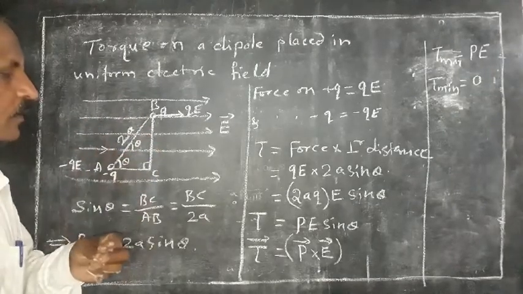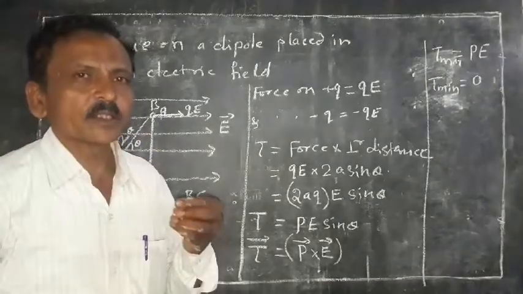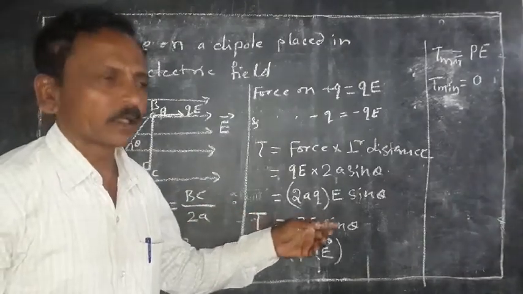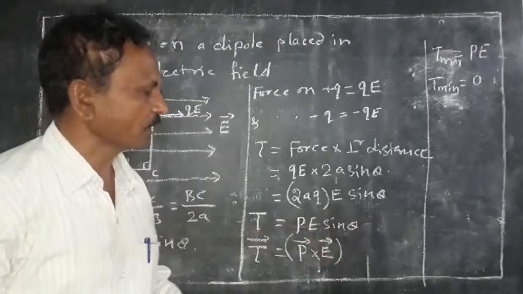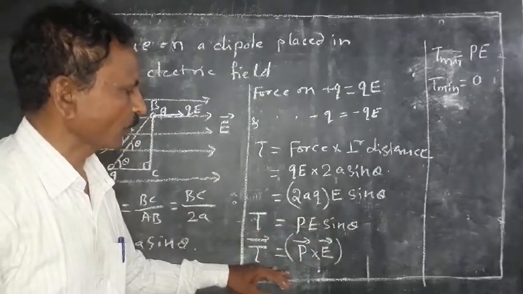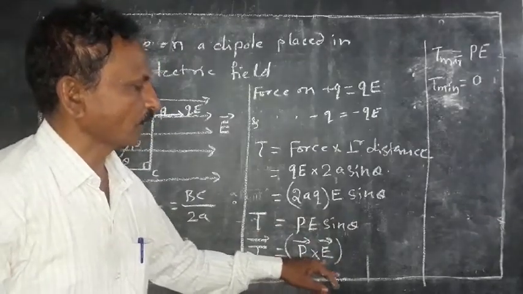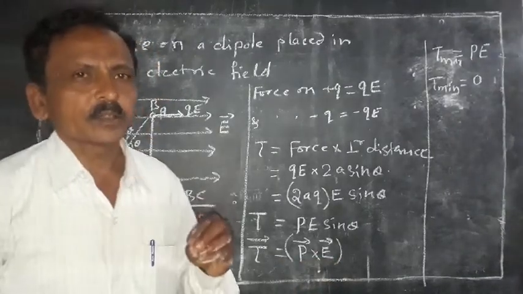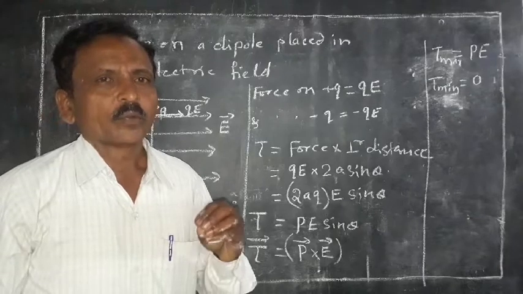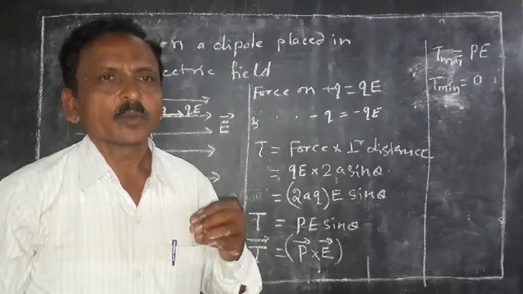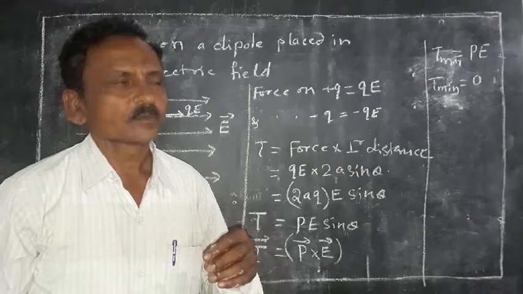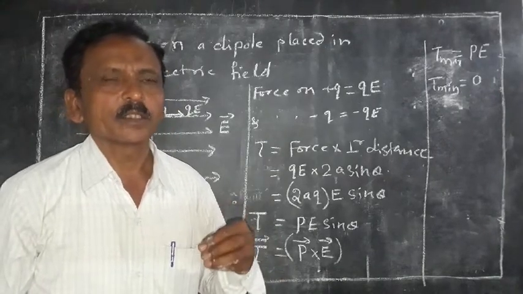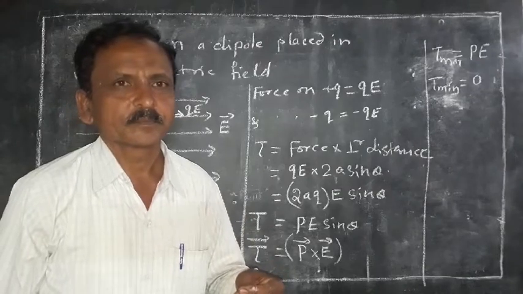For 1 mark, give an expression for torque acting on a dipole in an electric field, that is tau equals PE sin theta, or in vector form tau vector equals P vector cross E vector. Or for 1 mark, when is the torque acting on a dipole minimum, or when is it maximum? Thank you.